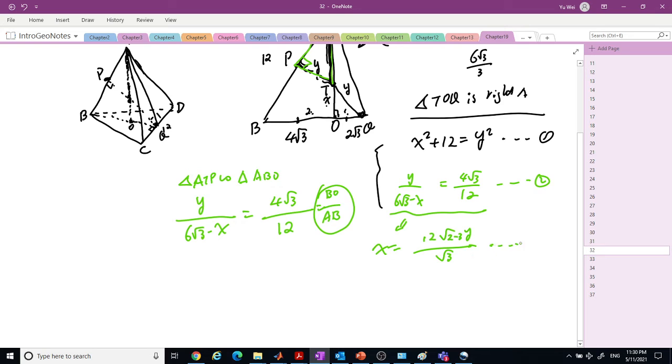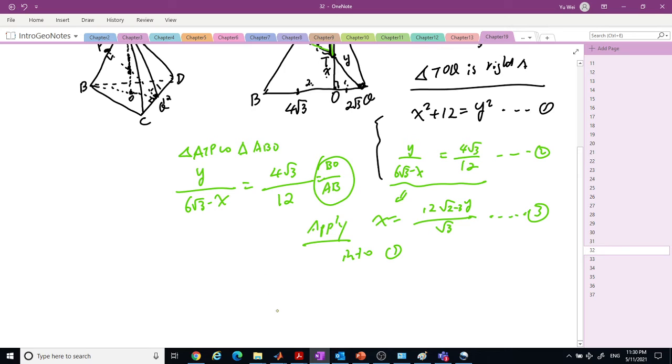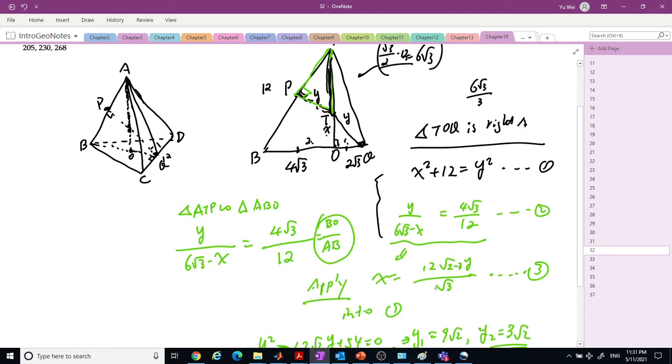So you can apply equation 3 into 1, then you will get a quadratic function in y: y squared minus 12 root 2 y plus 54 is 0. So you can solve it: y1 is 9 root 2 and y2 is 3 root 2, right? But we need to figure out which one is right.